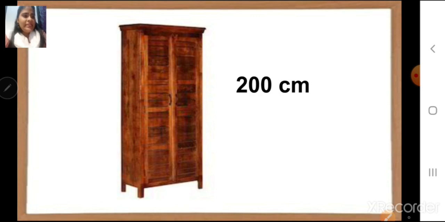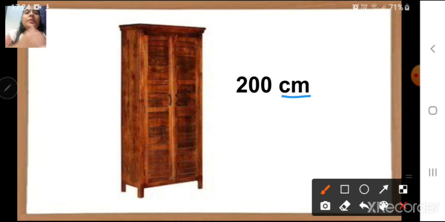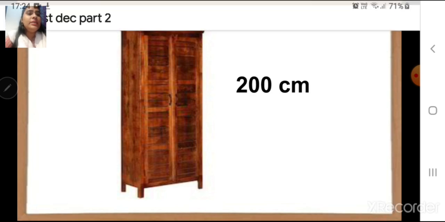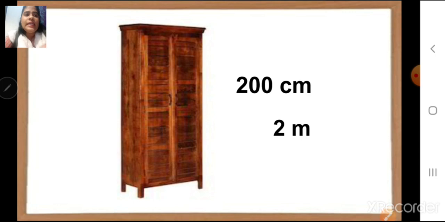Instead of writing centimeter, I can also write it in meter. How can I do that? Because 100 centimeter is equal to 1 meter, right? Same way, 200 centimeter will be how many meters? 2 meters. So in this way, centimeter and meters are related to each other.